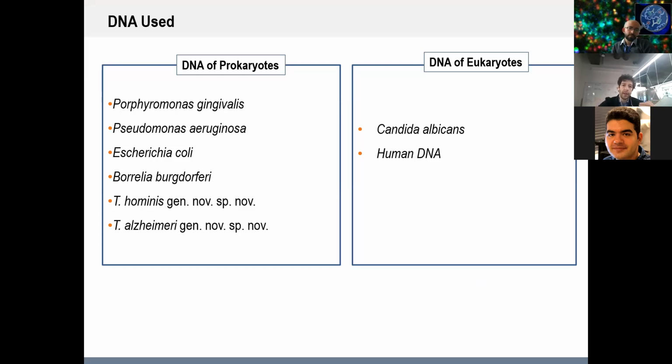So we had DNA of Porphyromonas gingivalis, of Pseudomonas aeruginosa, DNA of 2 E. coli strains, one amyloid producing, another not, DNA from Borrelia, and 2 novel species identified by our core from the oral cavity of patients with Alzheimer's disease. As a control, we used eukaryotic DNA of Candida and human DNA.